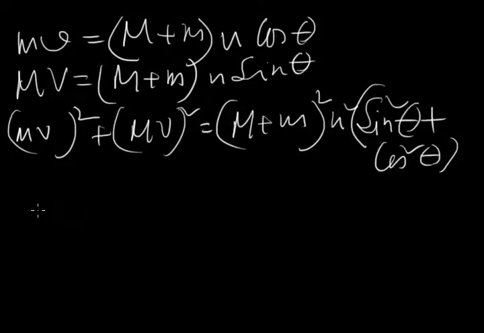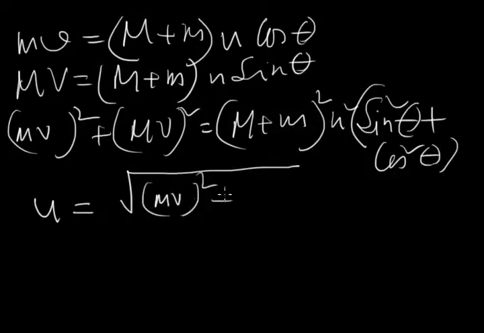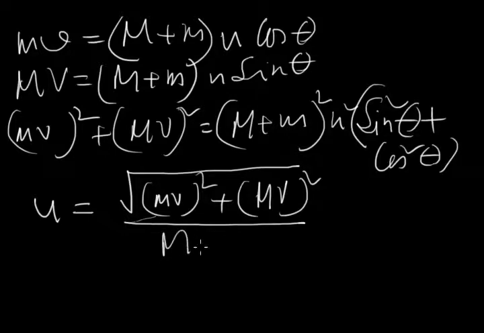So I hope, students, that you will be able to understand if I write down the value of u directly like this: u equals the square root of (mv) whole square plus (MV) whole square, the whole divided by (M plus m). Why? Because the square and this root nullify each other, and this is the value of the velocity.